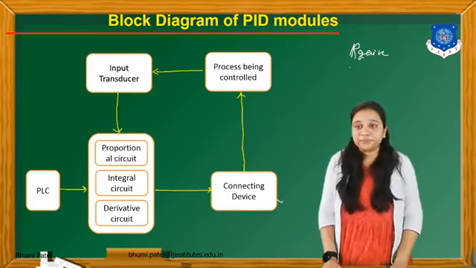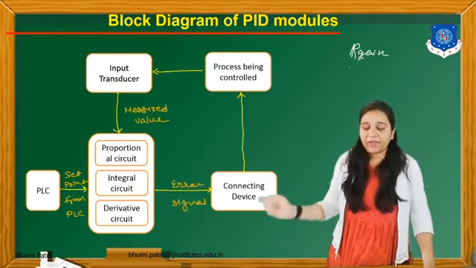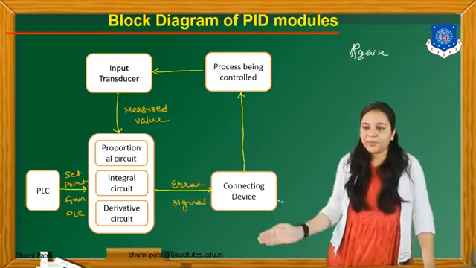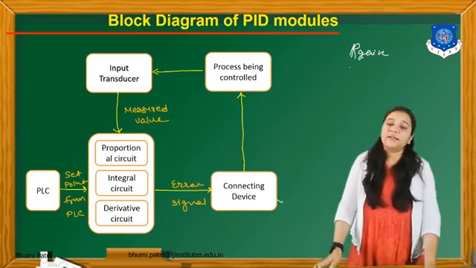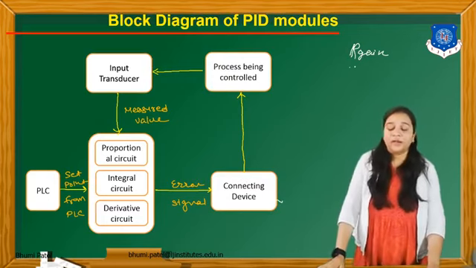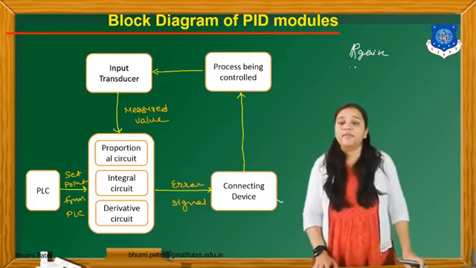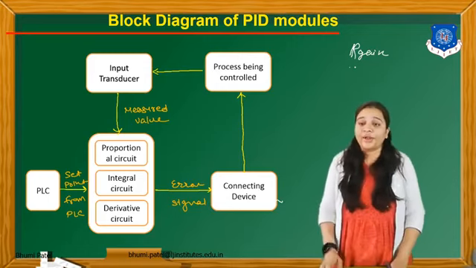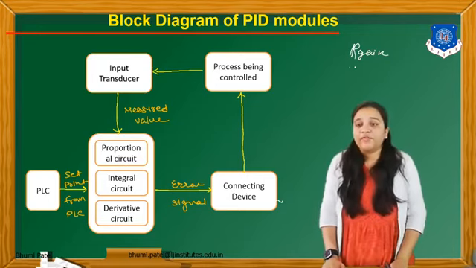Okay, so this is the block diagram of the PID module. The PLC input, so the set point, is also decided by the PLC. The set point is given to the different circuit. Then if an error signal is generated, we can connect this with the controller, and then whatever process is there is given, and then we go through the input transducer, meaning we apply it to the feedback element, and after the feedback signal we get the measured value.